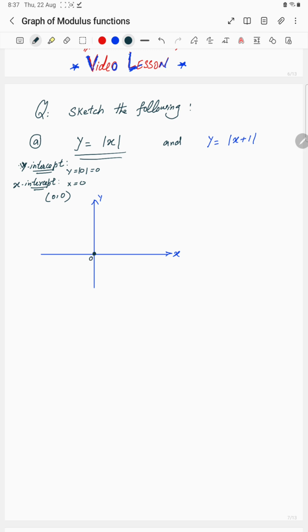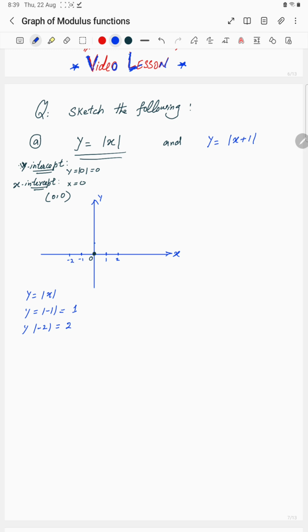Now you can see whatever values you substitute in y equal to modulus of x. Say if x is equal to -1, it will be 1, and mod of -2 will be 2. In this way we can draw it. Suppose here we have 1, here we have -1, here we have 2. You need to be careful about the equal spacing.